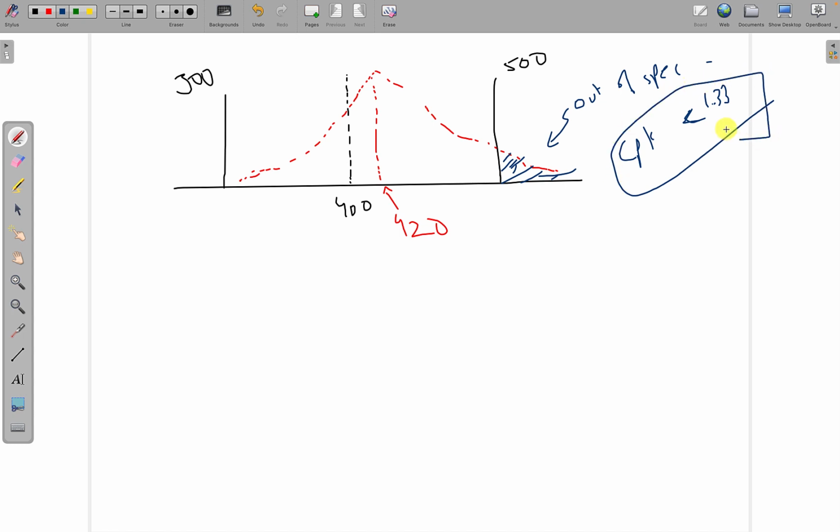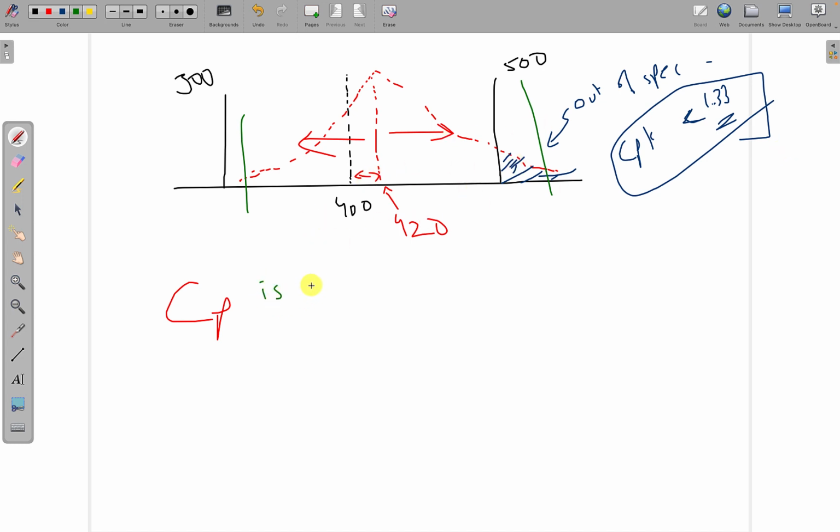But if CPK is not at our standard, then it's producing too many out of spec parts. So that's what CPK is telling you. But is it producing too many out of spec parts because it has too much variability, it's too wide here, or because it's off center? Well, let's look at CP, because CP only cares about the width of the process, how wide or fat the process is, how much variability there is in the process.